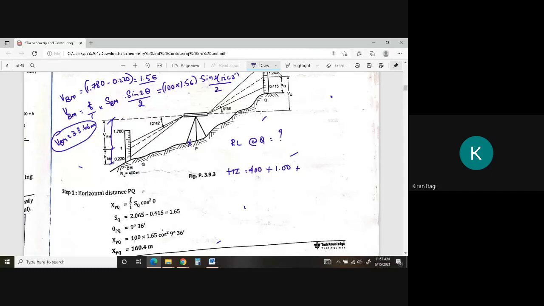How much is it? 1. So I have taken 400, plus 1, plus this VBM 33.46. Once again, I will show you. If you see the figure, you will come to know.